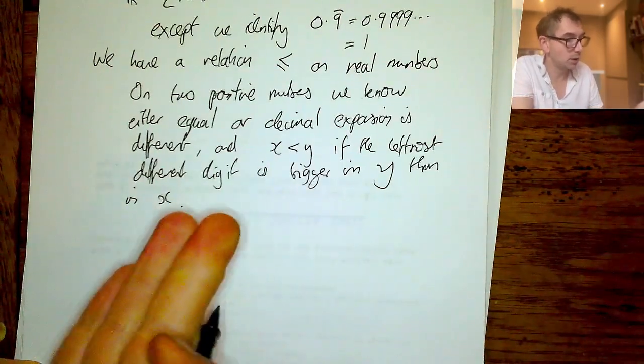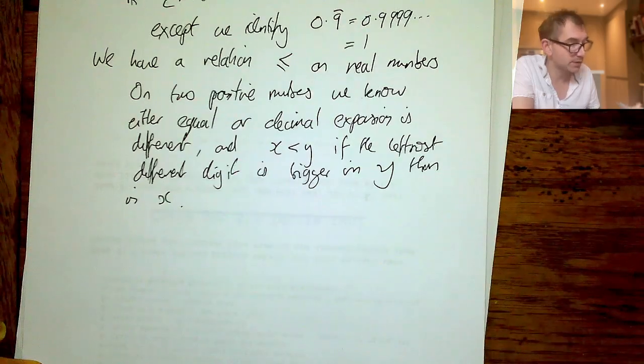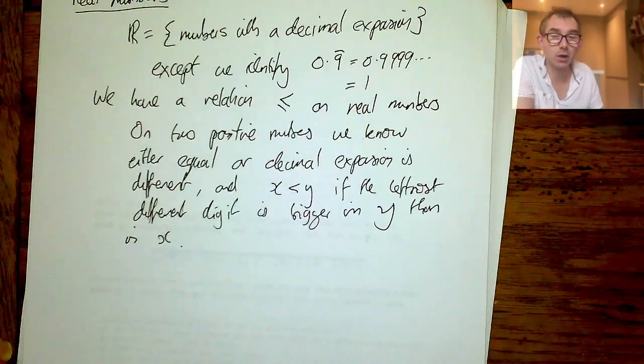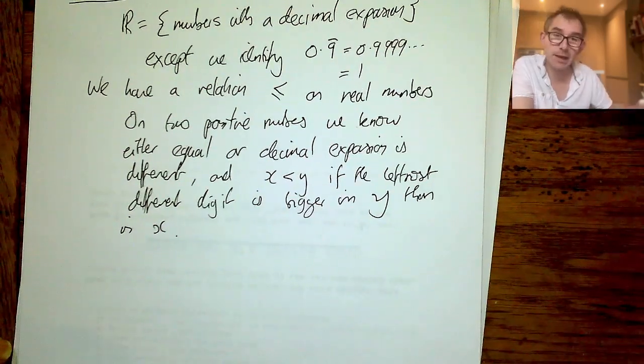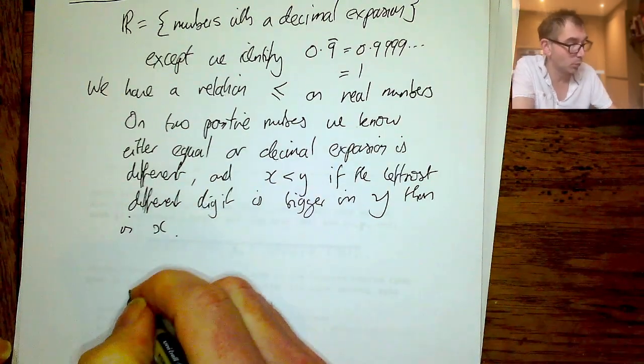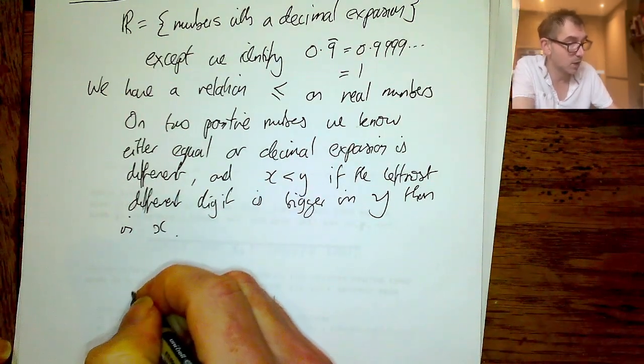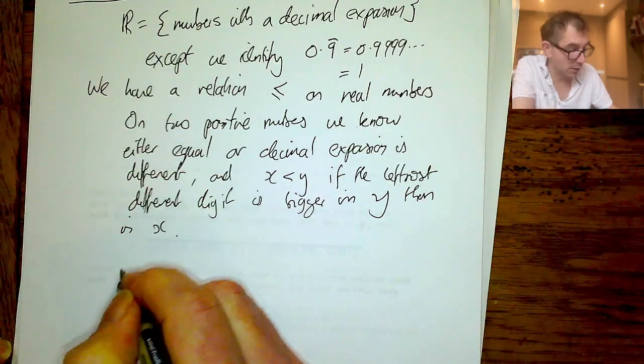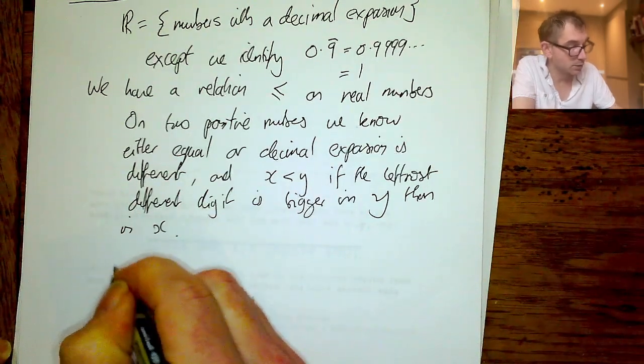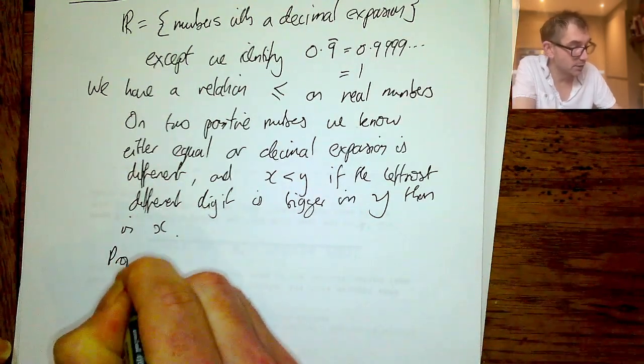Anyway, let me just write down some properties of this relation which hold, and I'm going to do it in the sort of predicate style language that we've done in the last week. So, properties.